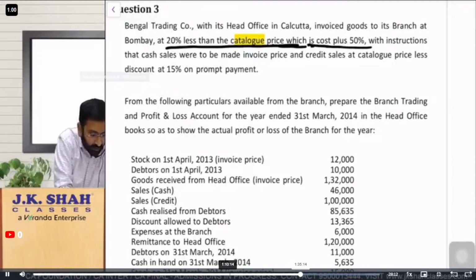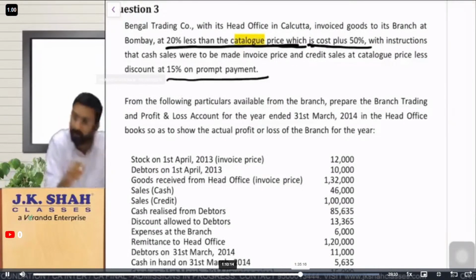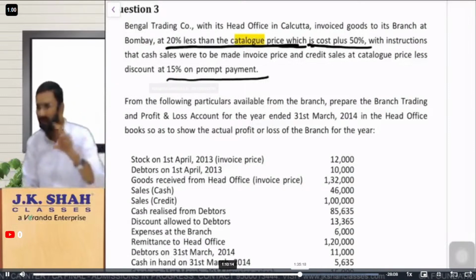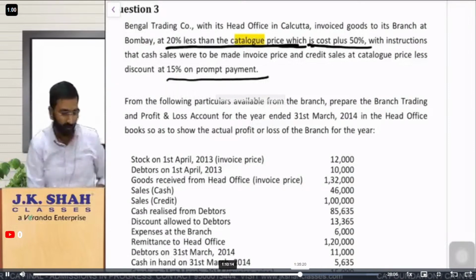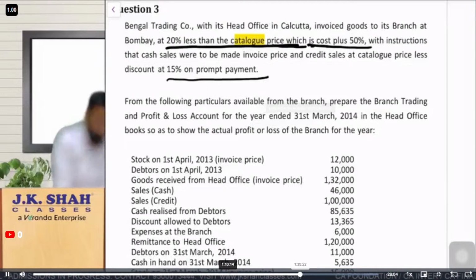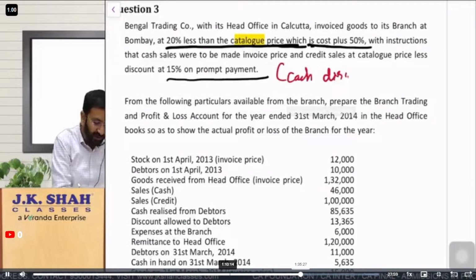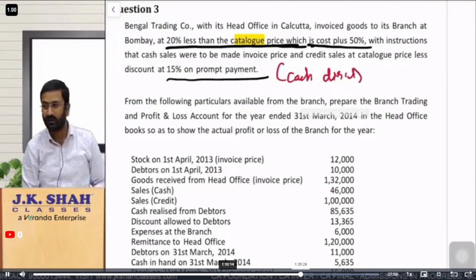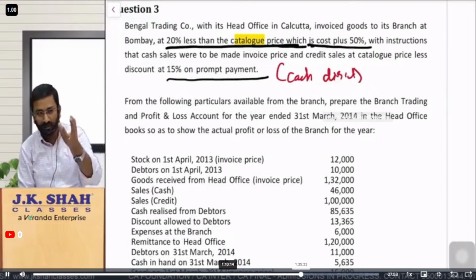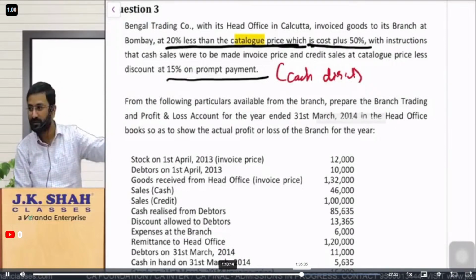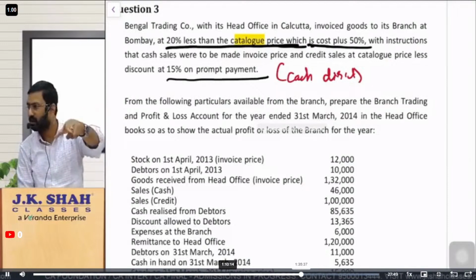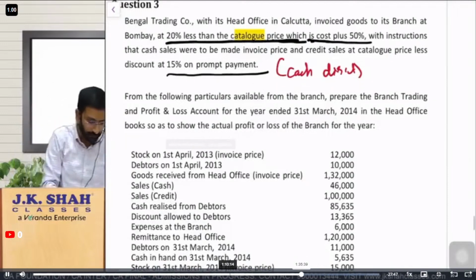Underline discount 15% on prompt payment. So is it trade discount or cash discount? Cash discount. So in brackets you write it. Do you remove cash discount from sales and book it, or book it separately? Now should I remove it from sales or book it as separate expense? Separate expense. Trade discount you'll remove, not cash discount. Okay, continue.